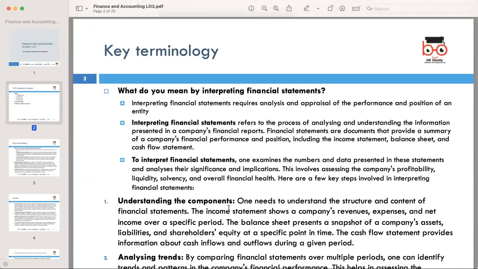Interpreting financial statements is the process of analyzing and appraising the performance and position of an entity. It is the process of analyzing and understanding the information presented in a company's financial reports. These reports, such as the income statement, balance sheet, and cash flow statements, provide a summary of a company's financial performance and position.